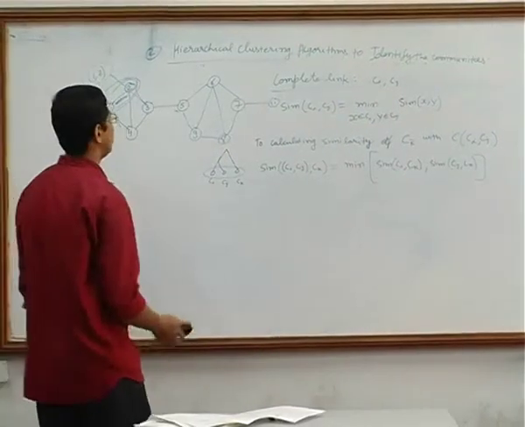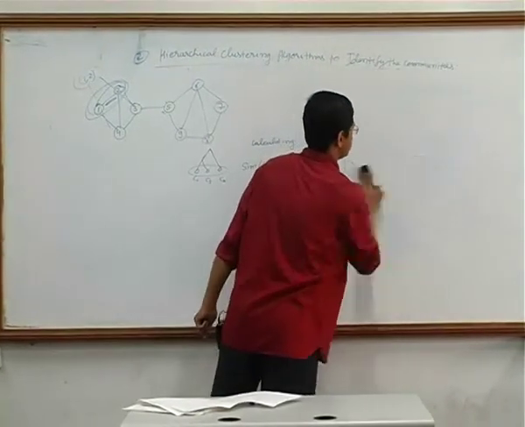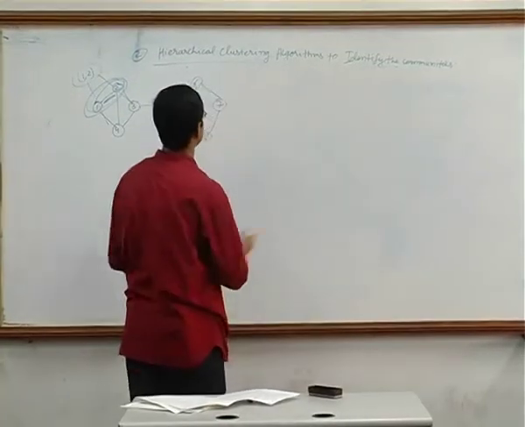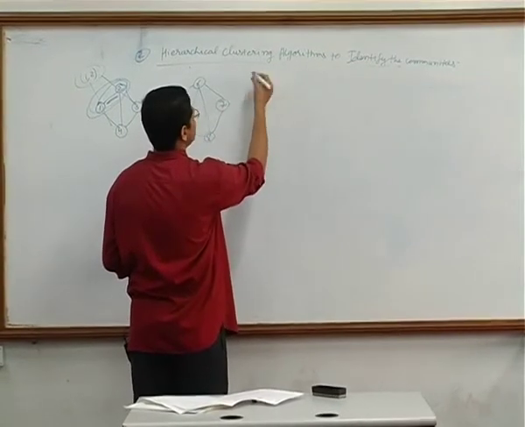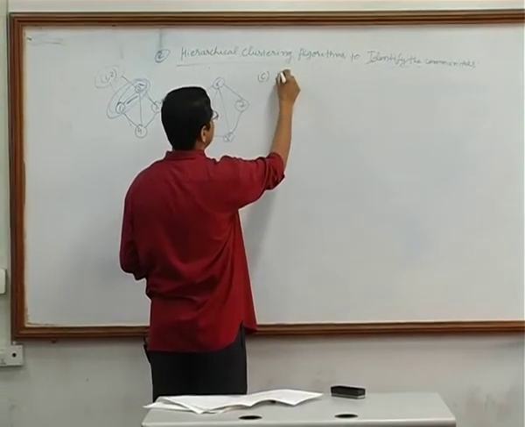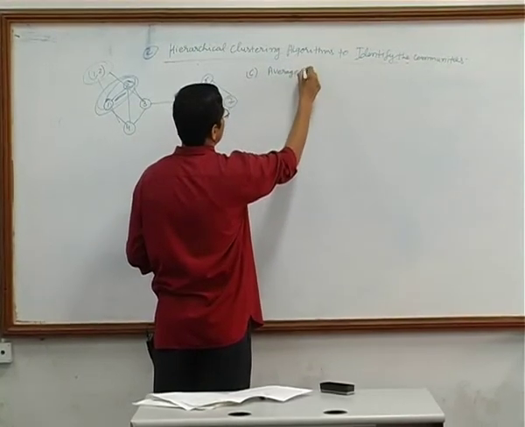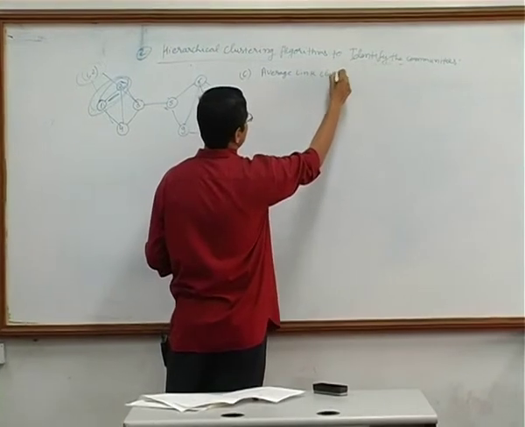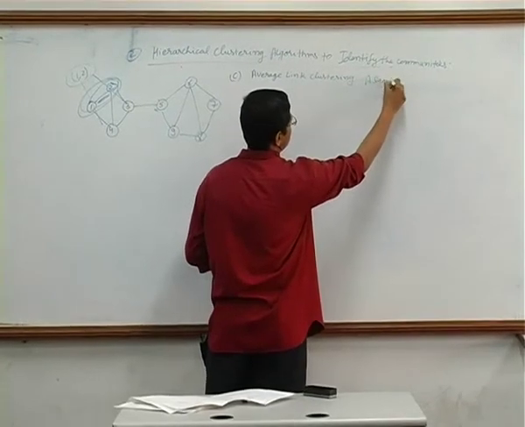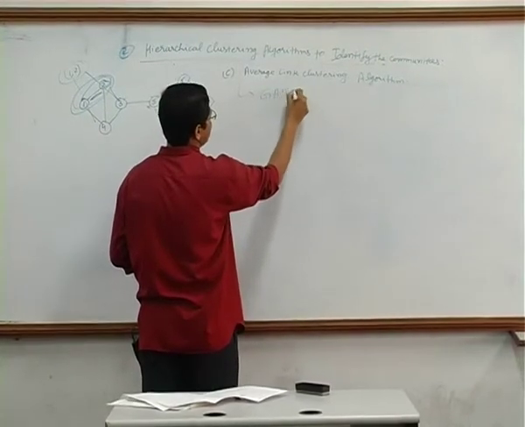Now we will go through the average link clustering algorithms. The more sophisticated form of average link clustering algorithm is the group average agglomerative clustering algorithm.